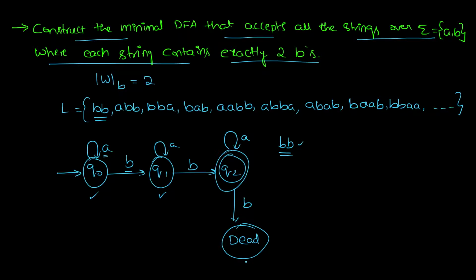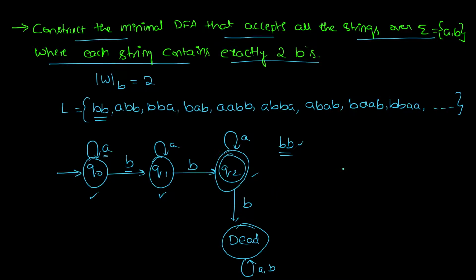At the dead state, no matter how many A's and B's I see, I will be in the dead state itself. So this is the DFA and this is the minimal DFA. We cannot reduce the number of states from 4.